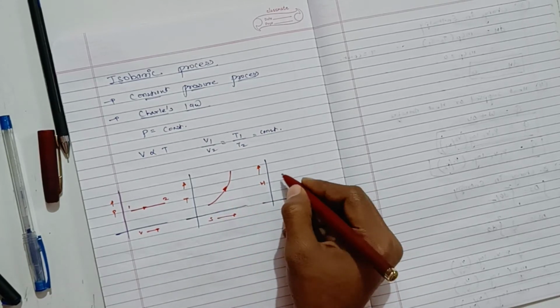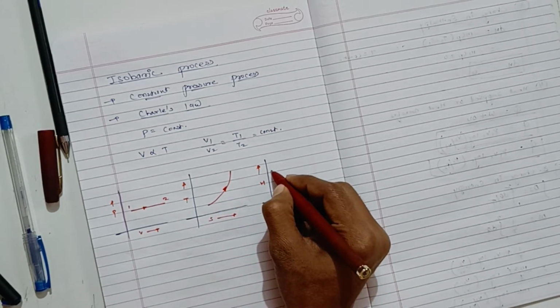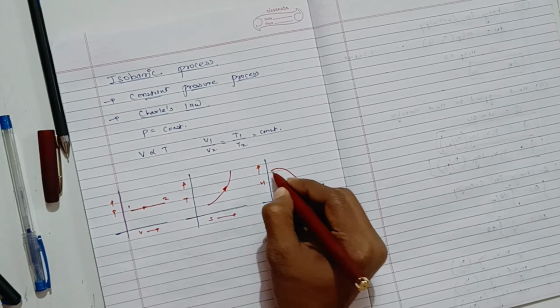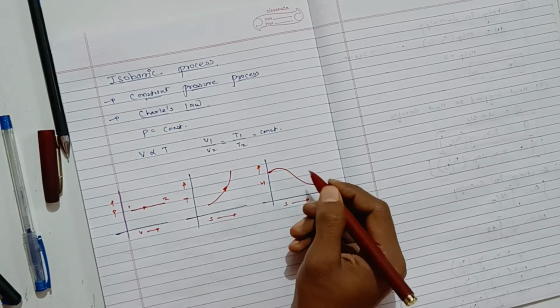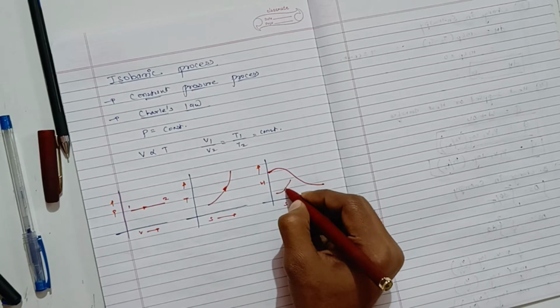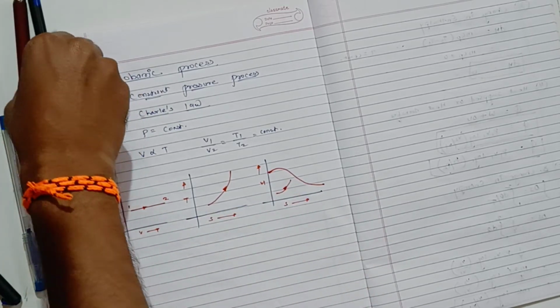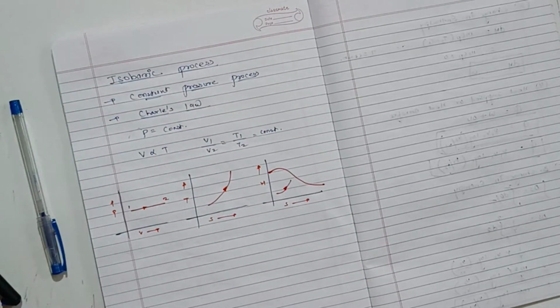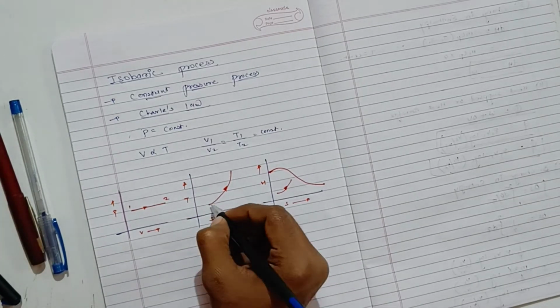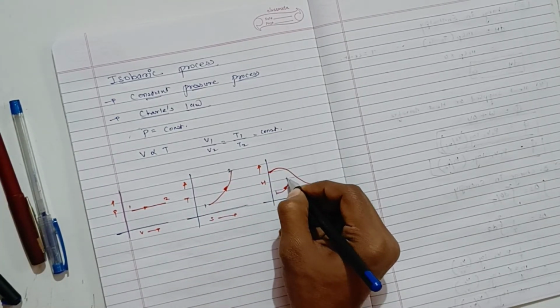And in the HS diagram, it goes from 1 to 2.